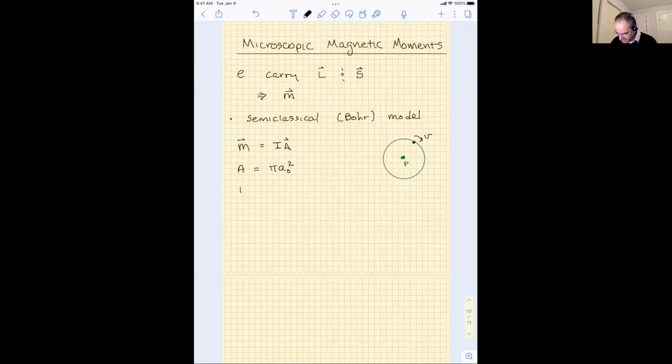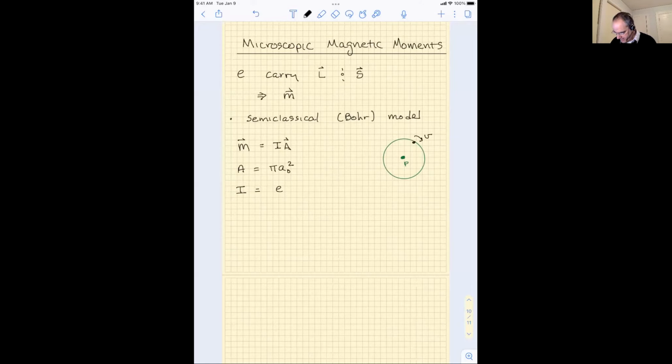The current takes a little bit more thought. We can think of it this way. The current is equal to the charge times the frequency at which it goes around the atom. If it goes around 100 times per second, that's 100 elementary charges per second, which is a current.